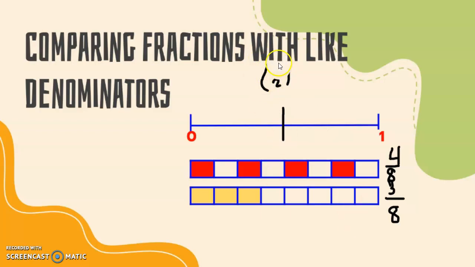And I like to write 1/2 there because I know that between 0 and 1, this will be my halfway point, my midpoint. Okay, so now I am going to place 2 markers for my 8s.